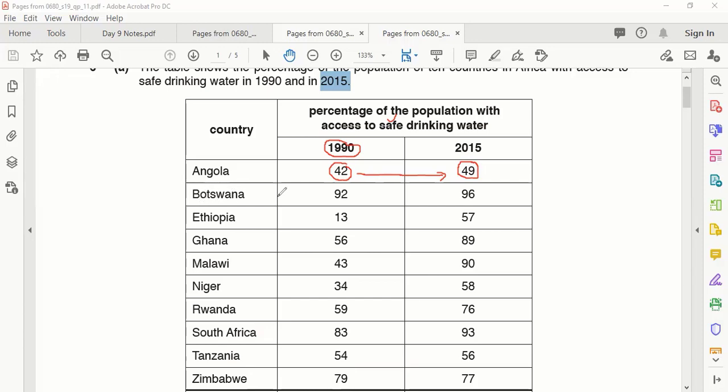Then you have Botswana, 92%, which has become 96%. I think you can see in all countries it is increasing except Zimbabwe. Understand? So this is the table which has been given to us.